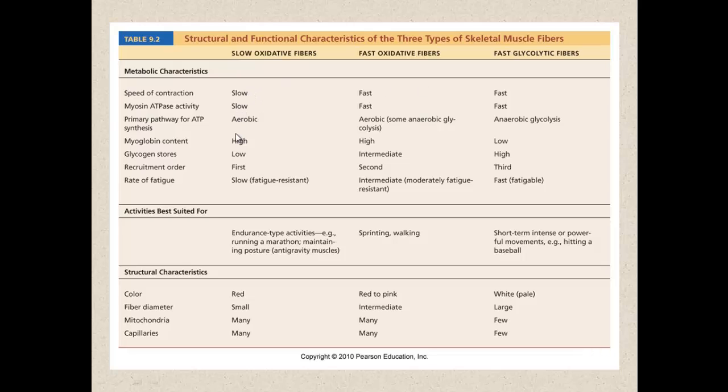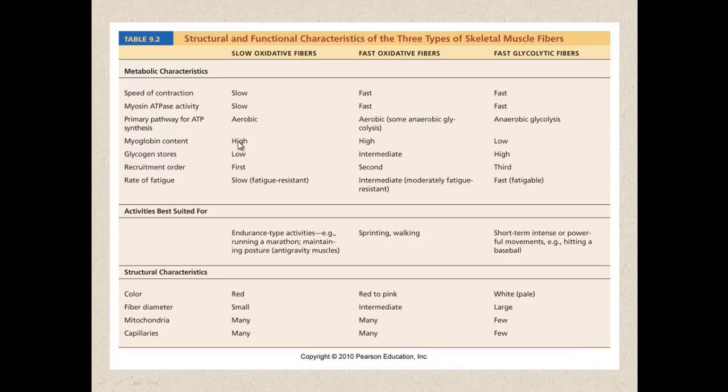But when they do respond, you'll notice the rate of fatigue is slow. And if we look at what other things are available, myoglobin is a special pigment in muscle cells that helps them to bind oxygen. So if you have a cell with a high myoglobin content, that makes it very efficient on binding oxygen.